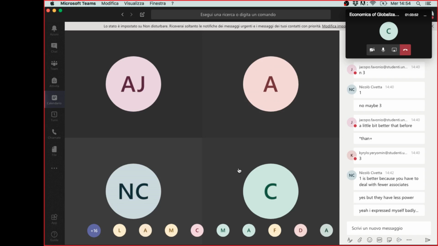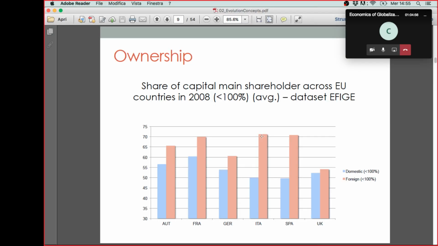In Italy, for instance, when the main shareholder is foreign, it has on average 70% of the share. Okay, it owns 70% of the capital stock. When the main shareholder is domestic, it has a little bit more than 50%.